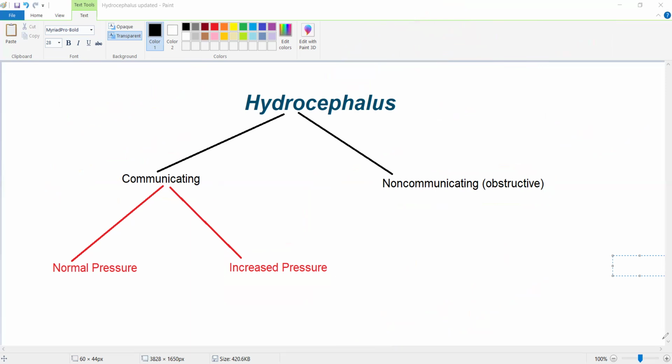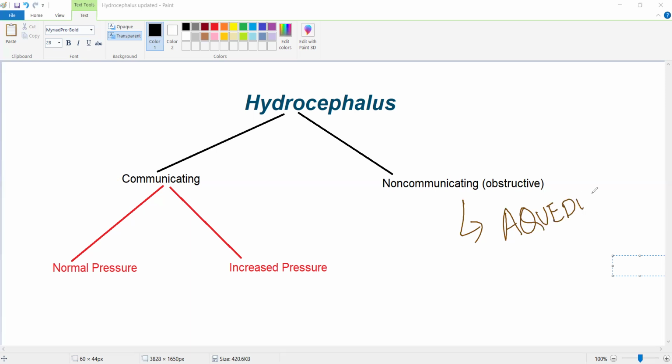Okay, so non-communicating hydrocephalus is typically caused by blockage of the ventricular system, a blockage from the lateral ventricle onward along the CSF flow. One cause is aqueduct stenosis.